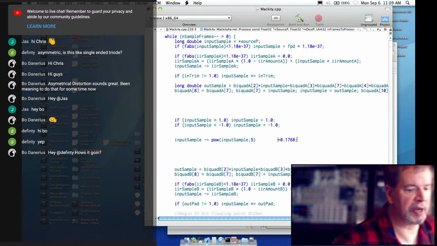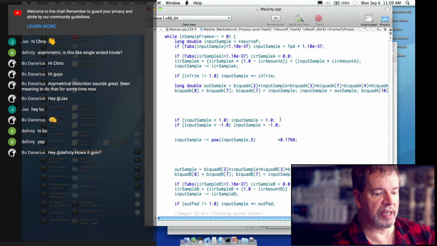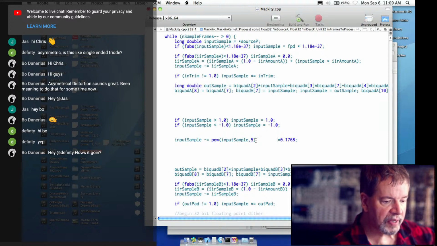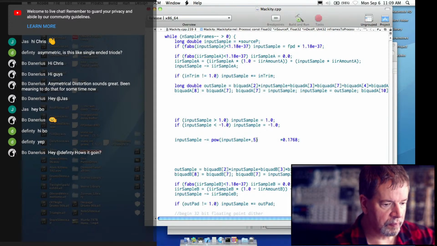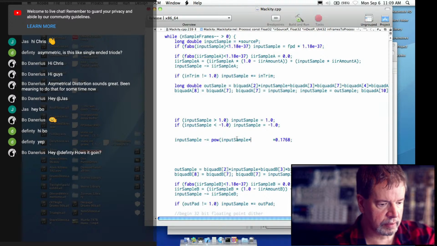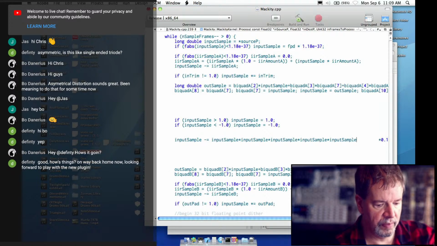Meaning that's as much diminishment as you can get. Past that, it's just hard clipping. And this, of course, is equal to this.